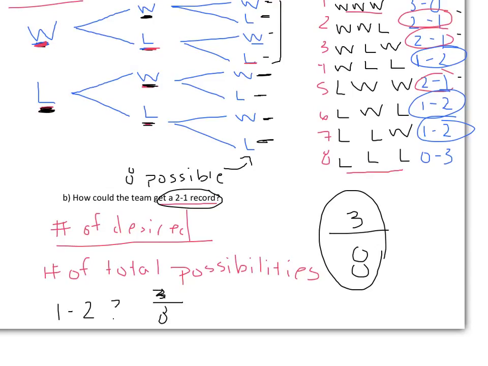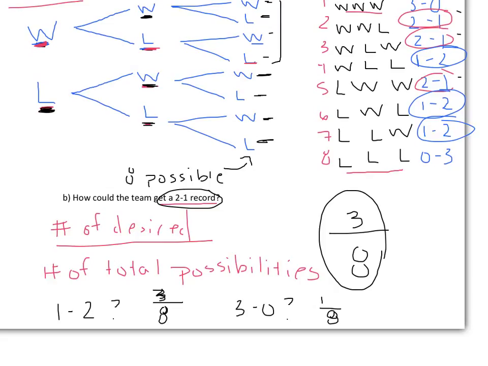So again, that one would also be 3 out of 8. If I asked you, what's the possibility that they're going to win all 3 games, so they have a record of 3-0? There's only one way they can win all 3 games, and that's win, win, win. So we'd say that has a 1 in 8 chance. So a tree diagram really helps us see all the different possibilities.